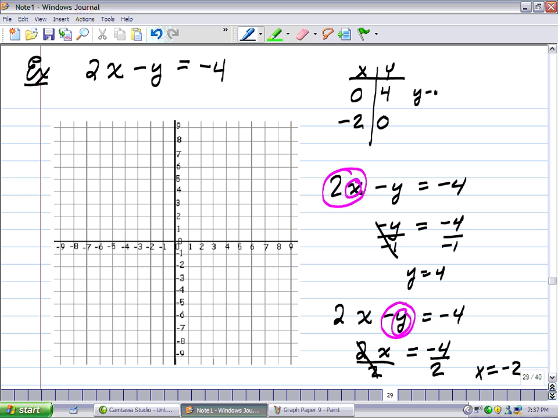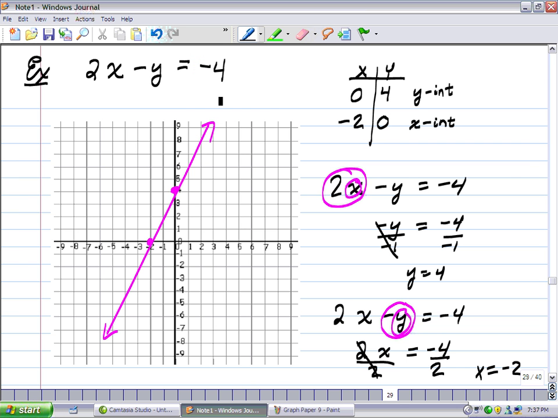So 4 is the y-intercept, and -2 is the x-intercept. So on the y-axis, I'm going to find the 4, and on the x-axis, the -2. Those are the intercepts. So now all I have to do is connect the dots and get my line.